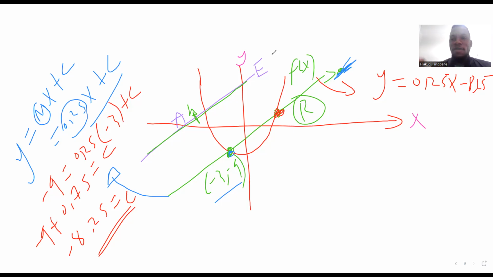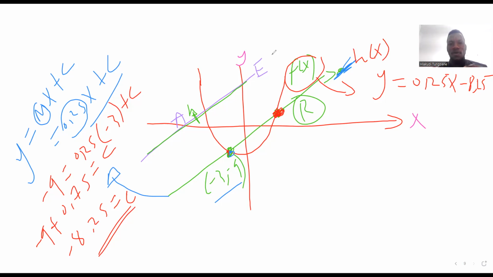The y value and x value, everything is the same. So here the function f of x is the same as, let's assume this is h of x. At this point, they share the same x value and y value, and at this point too. Because at that point they share the same coordinates, if we equate the two functions, it's going to allow us to solve for it.